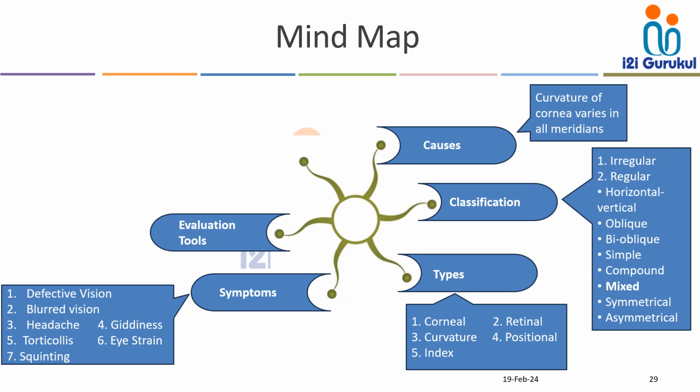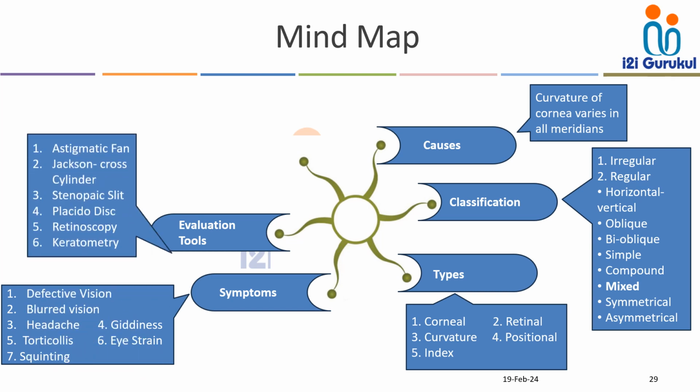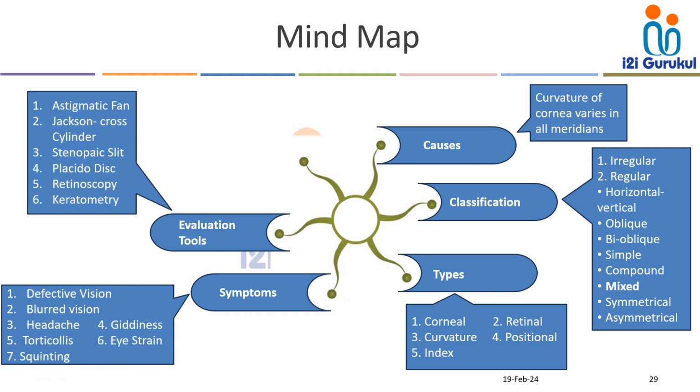And finally we went through the tools we use to identify or detect the astigmatism condition. Those are the astigmatic fan, the Jackson cross cylinder, and the stenopic slit, which makes it easy to find the angle of the axis of the astigmatic power, and the Placido disc, with which you can find out whether the cornea is regular or irregular.